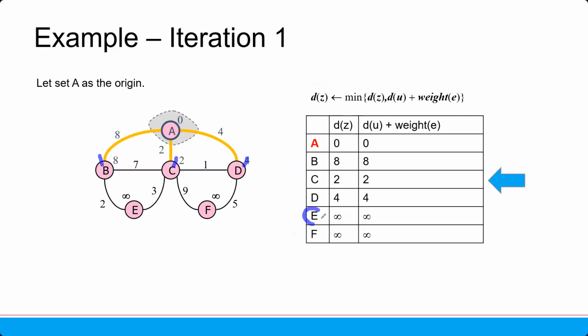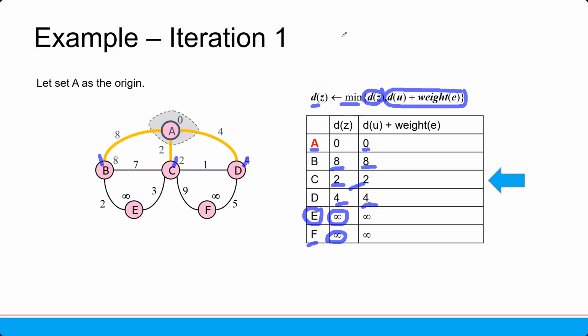Then the distance from A to E is infinite for the first time. And the distance from A to F is infinite for the first time. Then we can check what is the minimum between dz and du plus width E. Because every point here starts from A, and it is the same.